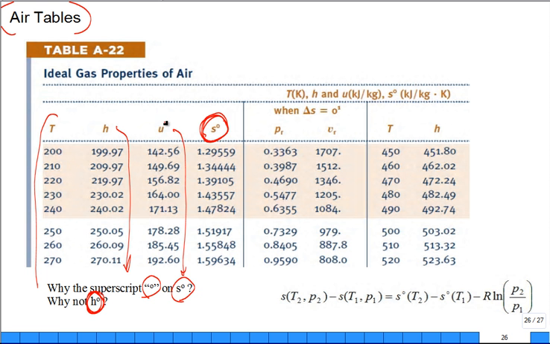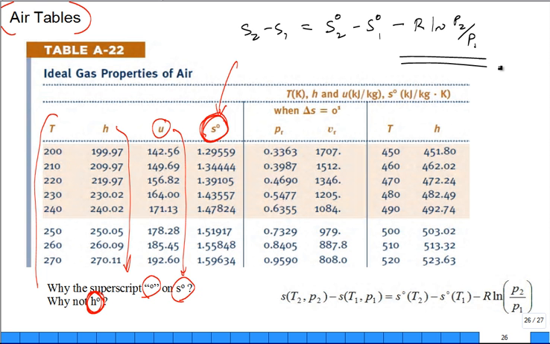So they don't have to emphasize it, but here it has to be emphasized because to calculate S2 minus S1, you take the temperature dependent part and then you have to include, and don't forget, this term. That's the pressure dependence, how it affects the entropy.